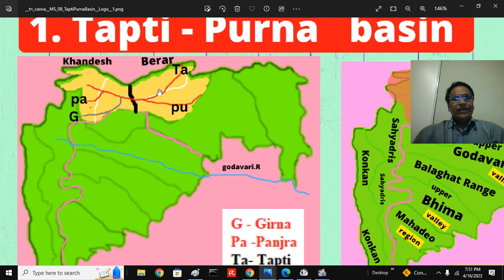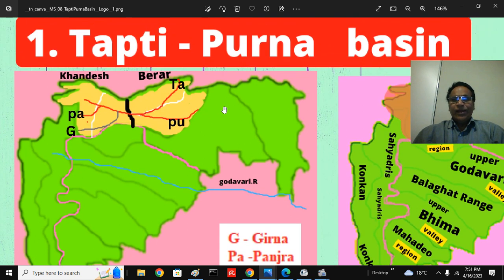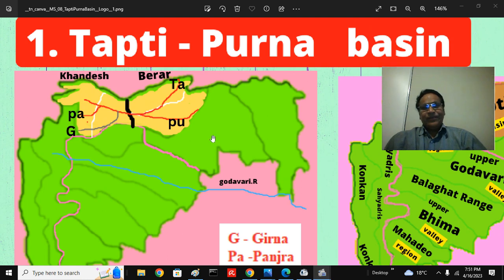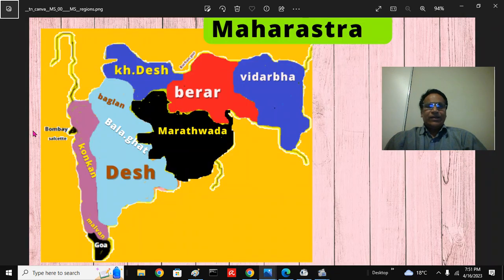The Purna and Tapti rivers cut the Satpura mountains at a town called Burhanpur. That is the gateway to Dakshinapatha, South India, from Aryavarta, North India. And that is about the broad picture.